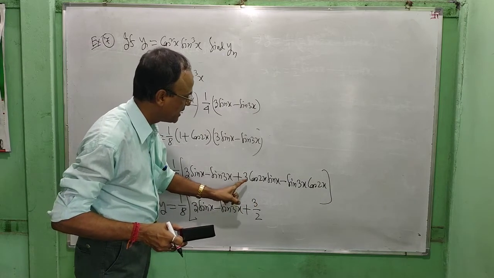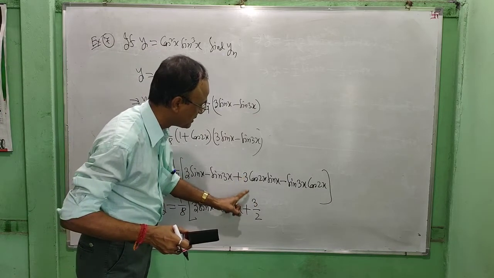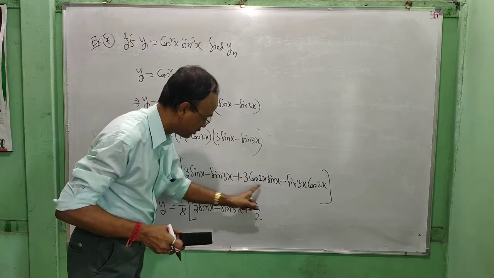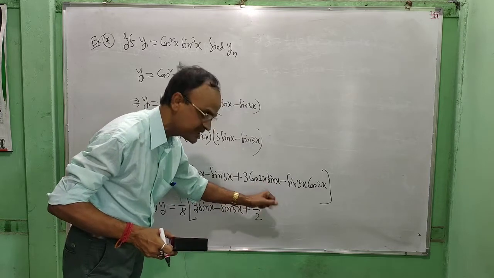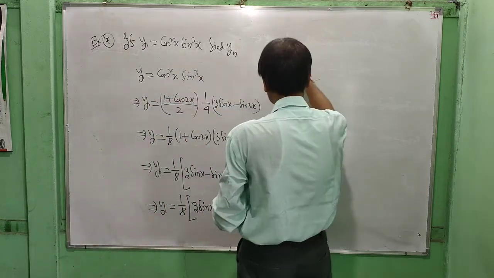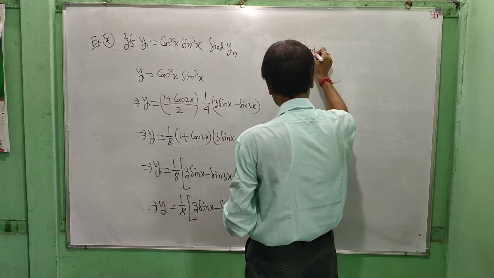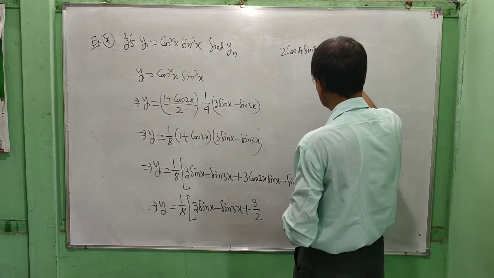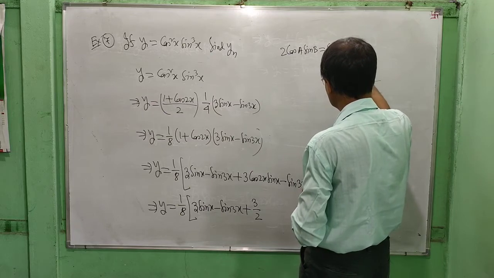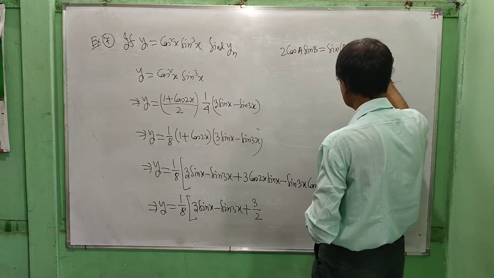If you put 3 by 2, then this term will be 2 times cos 2x sin x. 2 cos a sin b is equal to sin(a plus b) minus sin(a minus b).